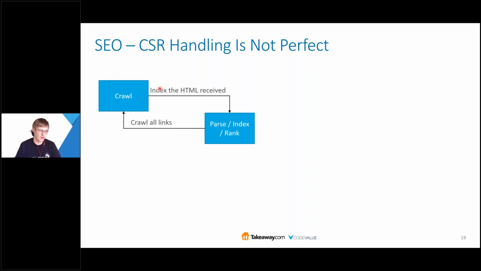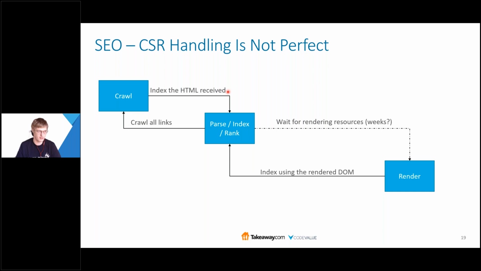And now we have to ask, what happens if the HTML is empty, right? So if the HTML is empty, you need to wait in queue because Google has a limited number of resources, and Google needs to assign these resources to the different web pages that it wants to rank. So you need to wait. Now, how long do you need to wait?